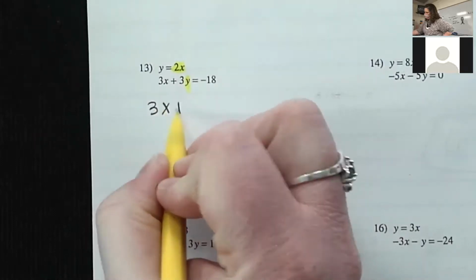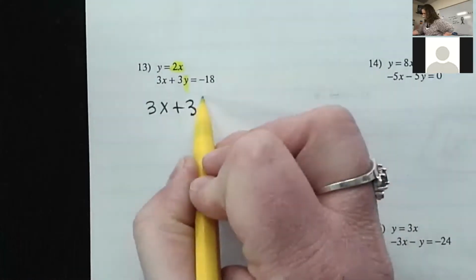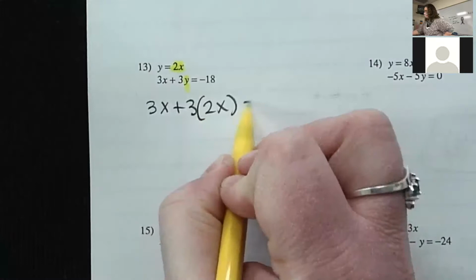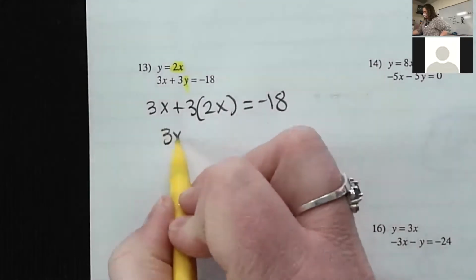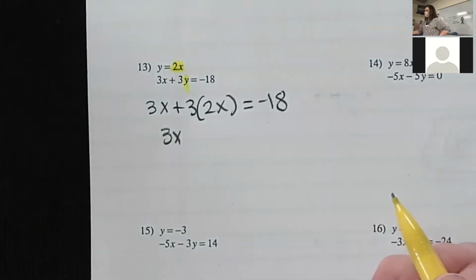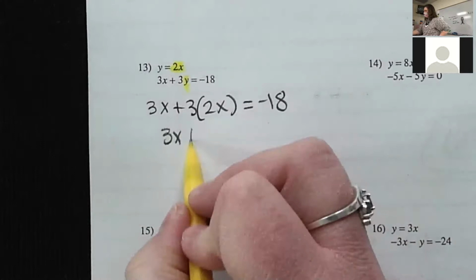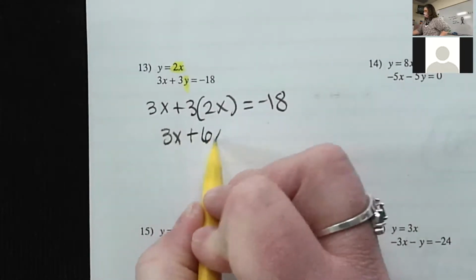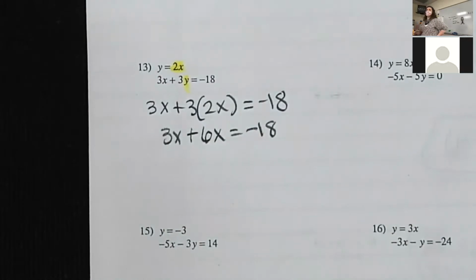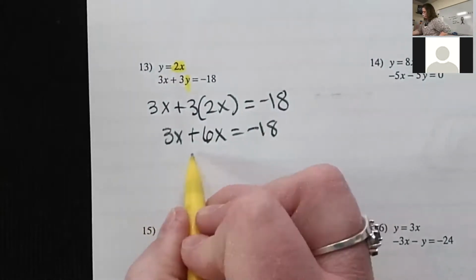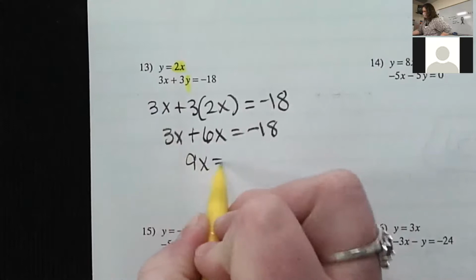So 3x plus 3 parentheses 2x equals negative 18. Now what? 3 times 2x, which is 6x. Can I put 3x and 6x together? Yeah, that makes 9x.